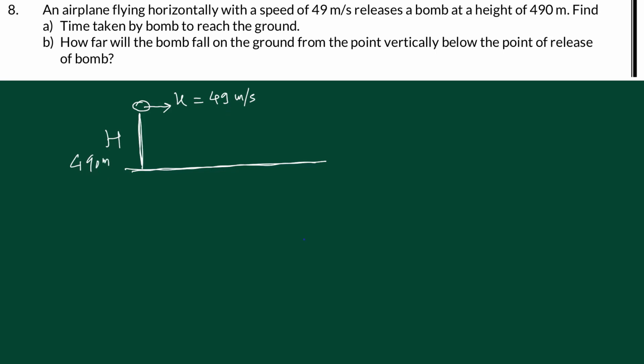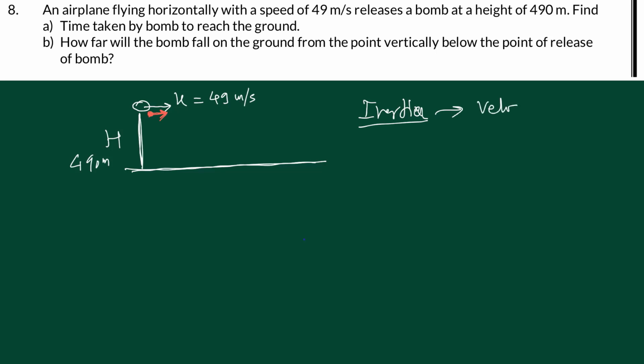A bomb is released. Now tell me, the moment this bomb is released, in what direction will it move? Will it fall vertically downward? We have discussed this concept. I have mentioned it a number of times. Concept of inertia. Due to inertia, that bomb will also move in the same direction. And due to inertia, what is the same? Velocity.